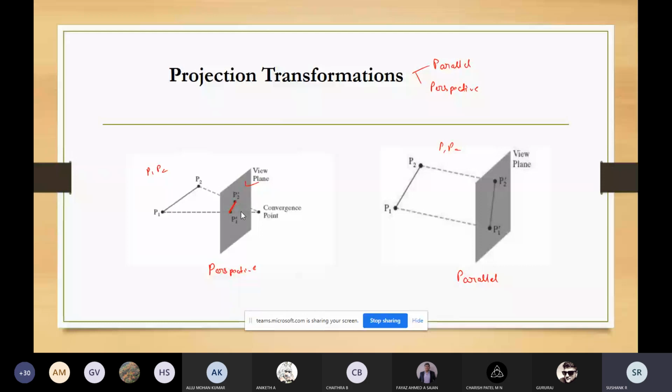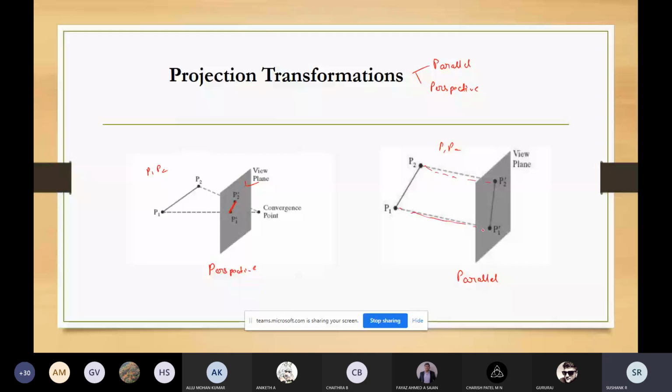So what does parallel projection mean? In the parallel projection, the coordinate positions will be transferred to the view plane along parallel lines. You can check, we have some parallel lines shown in a dotted pattern.